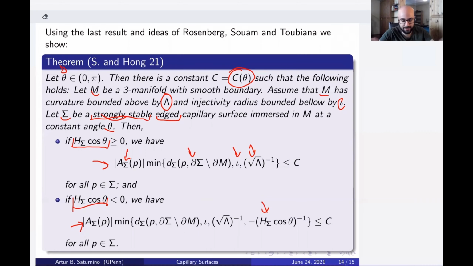It is a technical argument, but the idea is pretty straightforward. And it's again a generalization of a classical result by Schoen. And this kind of curvature bounds appear everywhere in the study of minimal and CMC surfaces.